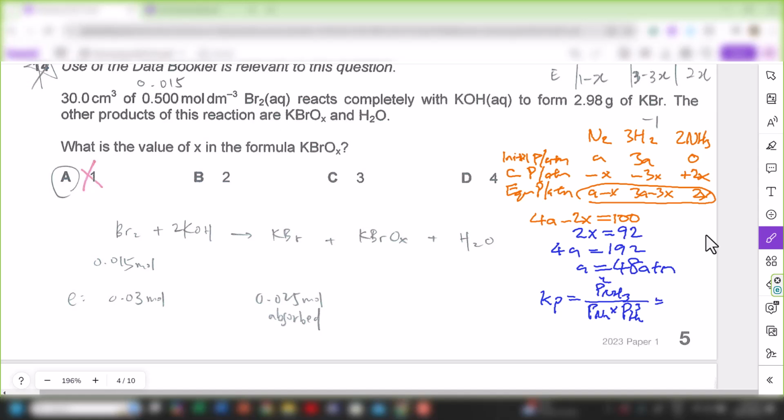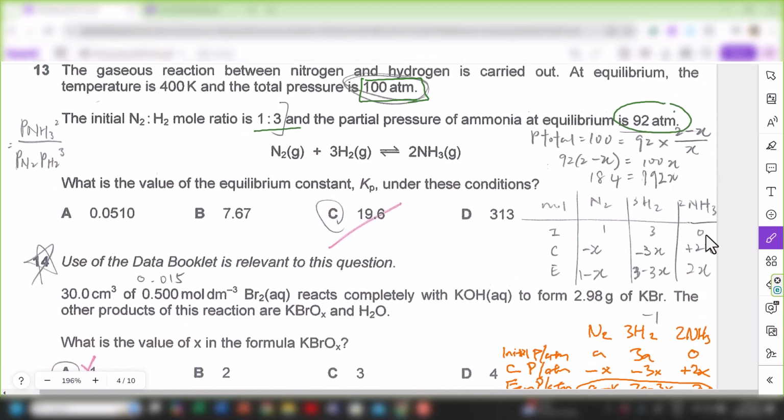That would be 92 squared divided by the partial pressure of nitrogen, 48 minus x, which is 46, so that will be 2, multiplied by, A minus x is 2, so 3 times 2 is 6, so 6 cubed. I punch my calculator, and the value I get will be 19.6 atm to the power of minus 2. So that will be the answer.